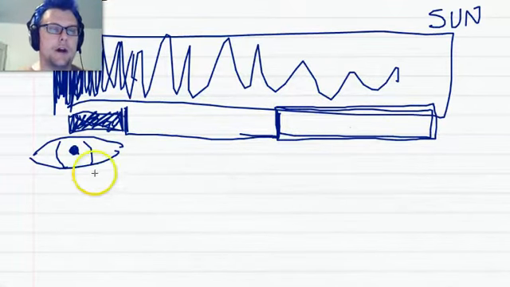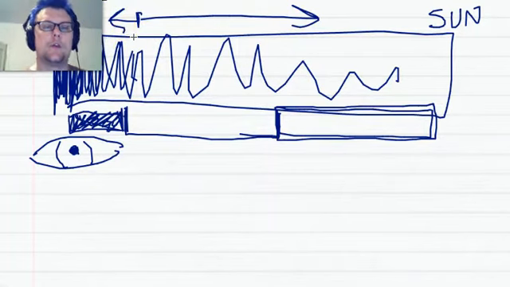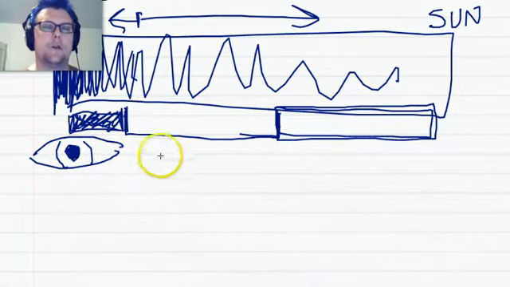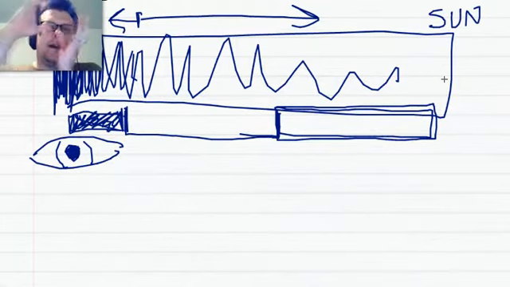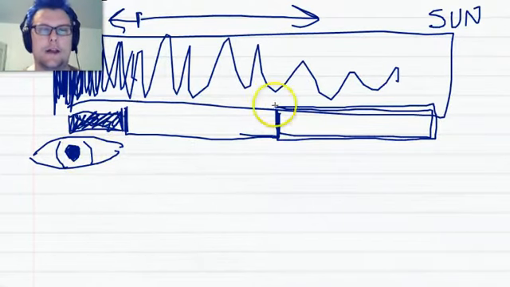So the iris in our eye actually opens and closes so that we can move up and down this scale. And to relate this to cinema, when you go see a movie and you're sitting in a dark room for a couple of hours, your eye opens wide up to let a lot of light in, so that you can see the movie pretty well. But then when you go outside, you're like, oh my God, Armageddon, because your eye hasn't adjusted to the outside, so it's letting in way too much light.